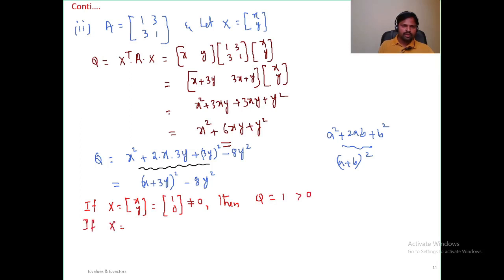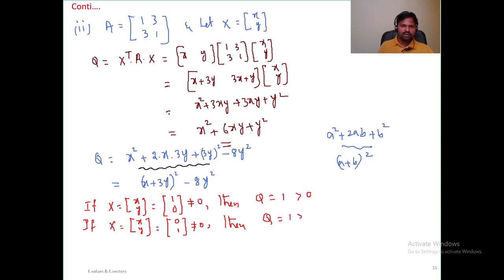If x is 0 and 1, which is again not equal to 0, what is the Q value now? 0 and 1: 9 minus 8, again positive.